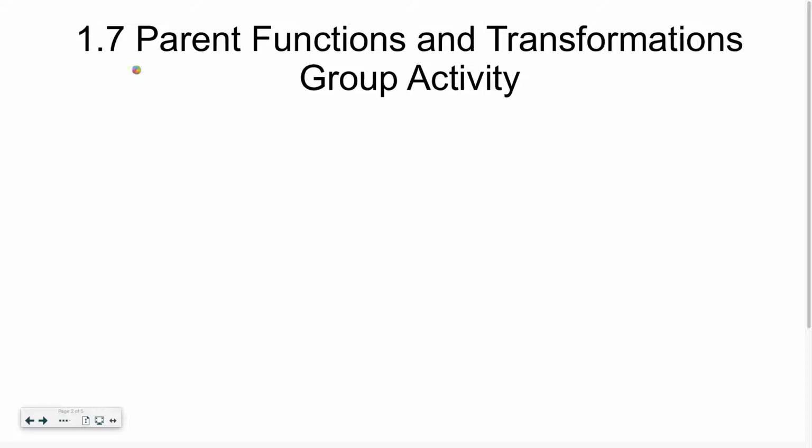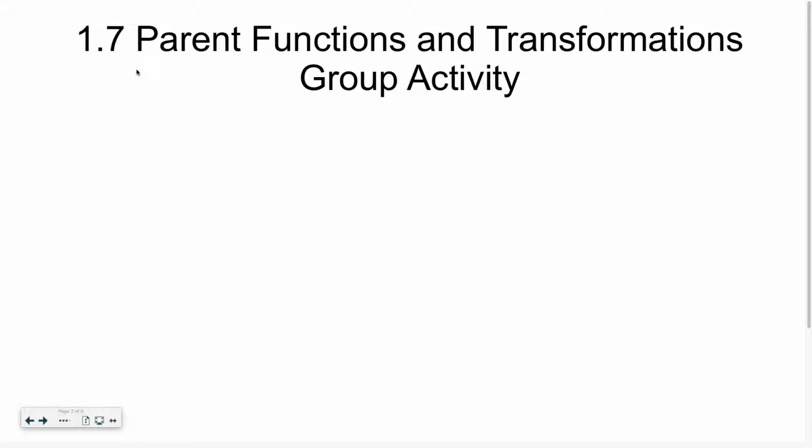Okay. So your parent function chart is out. And what I'm going to tell you is the reason we are doing this is so that we can come up with a graph very quickly, okay? Throughout the rest of the year, I might ask you for like a domain or range of a parent function that's been transformed. If we can quickly think of our graph, we can move on to the rest of the problem, okay?